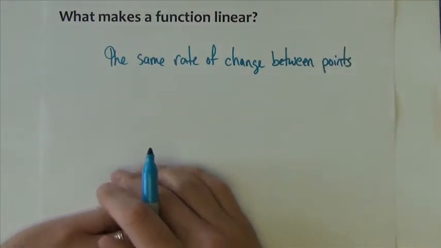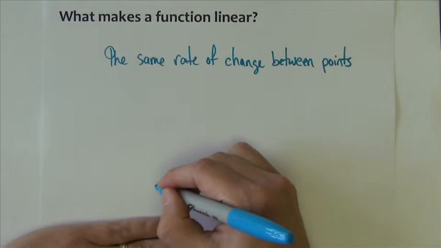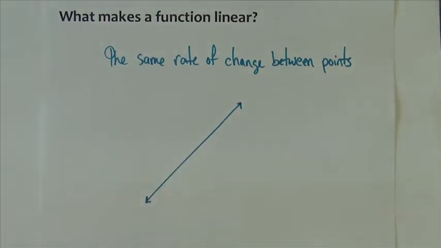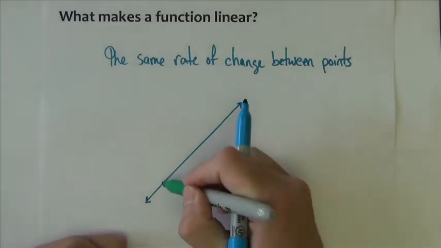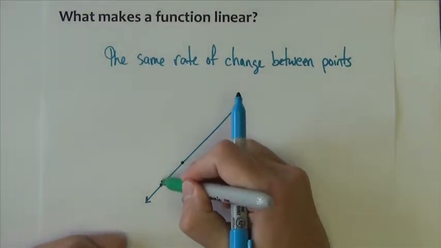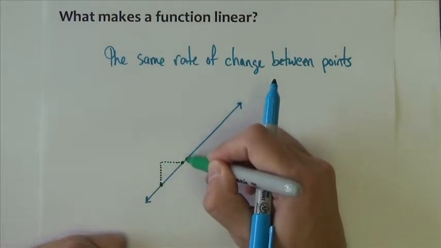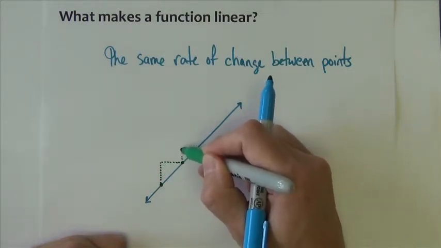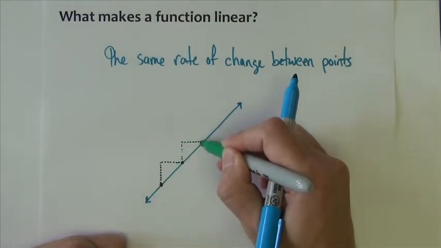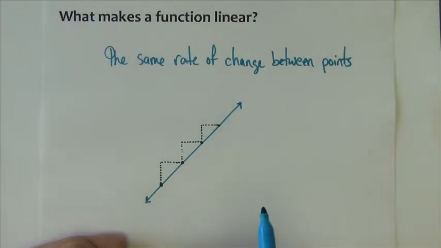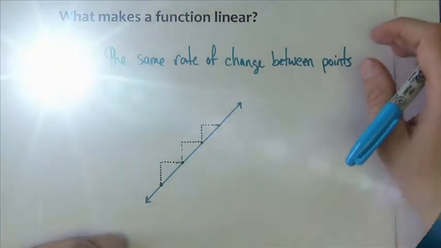In other words, if you have 2 points on a line, whatever you go up and go across has to be the same to get to the next point, and the same to get to the next point, etc. It has to have a constant rate of change between points. That's what makes it linear.